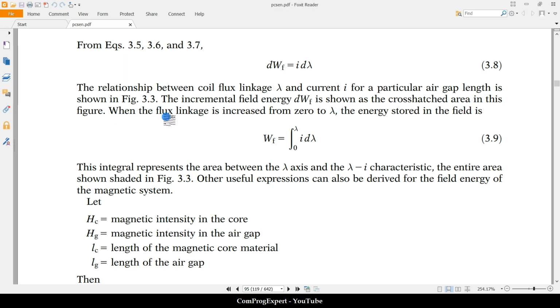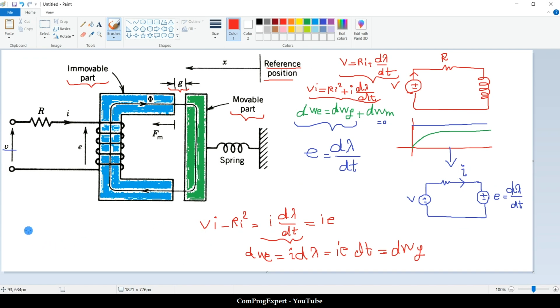When the flux linkage is increased from 0 to lambda, the energy stored in the magnetic field is this one. So if you integrate both sides of this equation, Wf will be equal to the integral from 0 to lambda of i d lambda. According to this equation, the field energy Wf is a function of flux linkage.